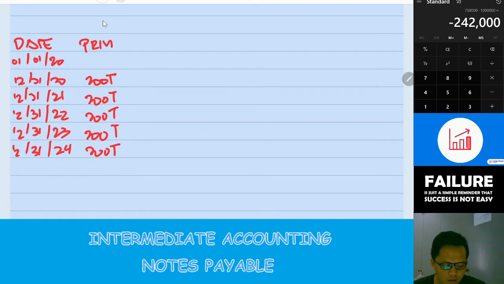Then, this is your interest expense. Now, wala tayong interest paid dito kasi yun nga, this is a non-interest bearing note. So, what we will have is just an interest expense representing the amortization of your discount. Okay? Then, we have the carrying amount. Okay?